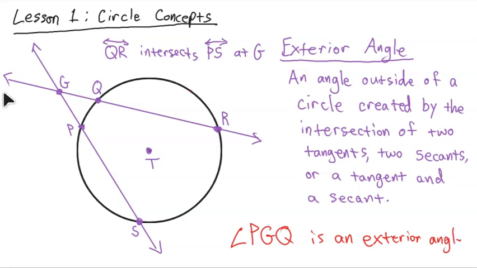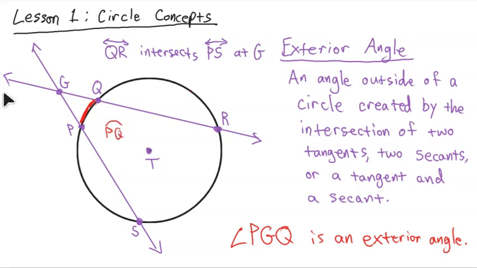Now, what's interesting about exterior angles is they actually create two intercepted arcs. So look, Q and P both are points of intersection of the secant and the circle. And so this little arc right here, arc PQ, that's an intercepted arc.